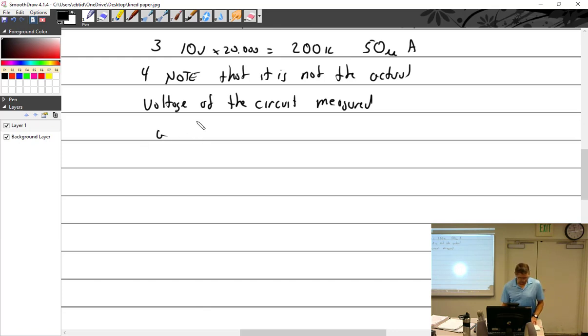So let's see, meters have different volts on each scale. So meters may have different ohms per volt on each scale.